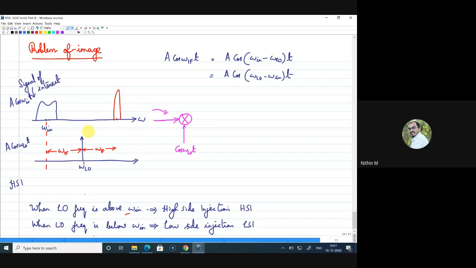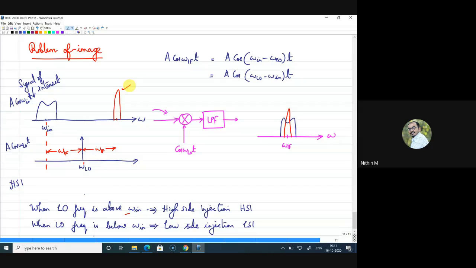Now this is going to the mixer, and after this, if I'm employing a low pass filter, then if you look at the IF signal, at the omega IF I am expecting the desired signal. The desired signal will be down converted and will be there. Along with that, on top of that, we will have this signal also. This undesired signal also will be down converted into the same frequency, right?